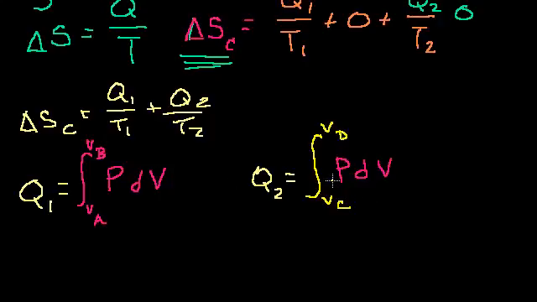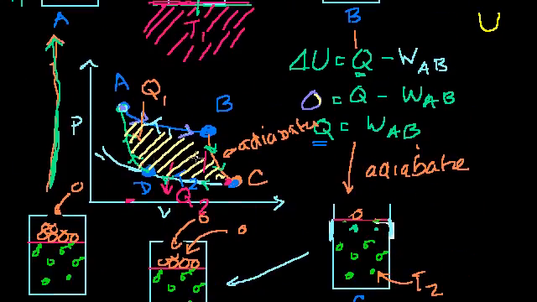Now, how can we evaluate these integrals? Well, we've done this before in a previous video. We use the fact that both of these circumstances, when we go from A to B and when we go from C to D, occur on isotherms, right? So the only things that are changing are pressure and volume. Temperature is not changing.